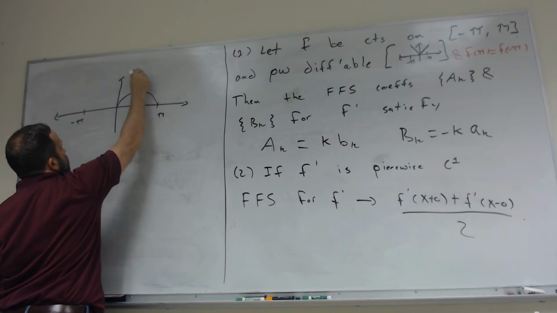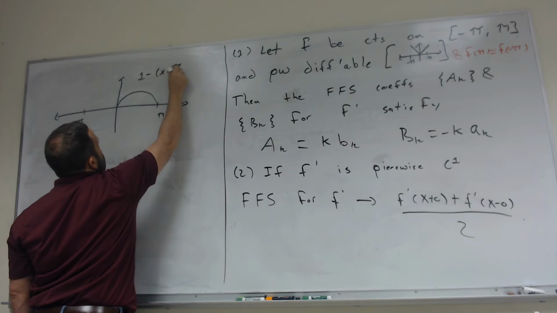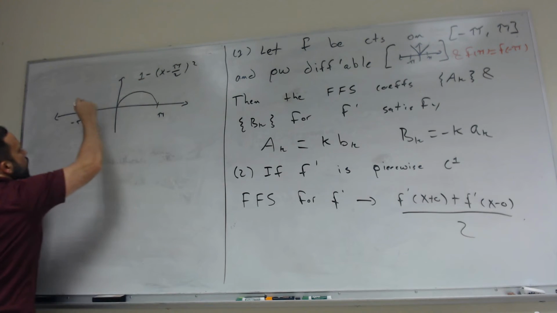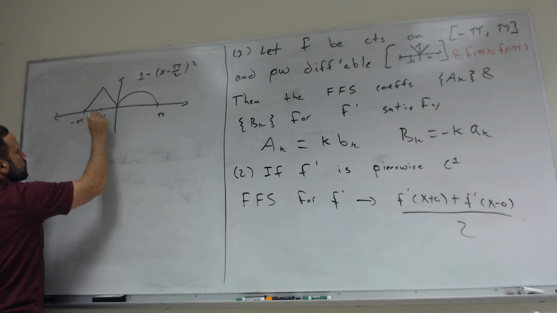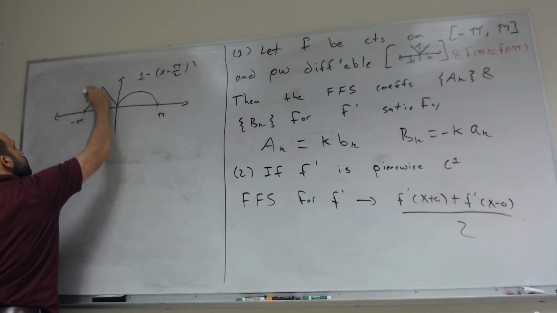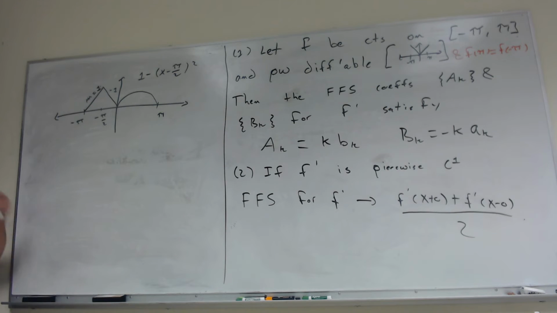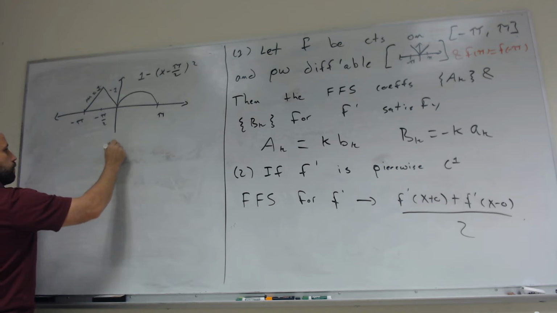The function on the right-hand side is going to be 1 minus (x minus pi over 2) squared, and then we're going to have a function here. This is minus pi over 2, and the slope here is going to be 1, and the slope here is going to be minus 1. Okay, and you can figure out what the formula should be. Well, this is just going to be minus x. So let's sketch the full Fourier series then for the derivative.